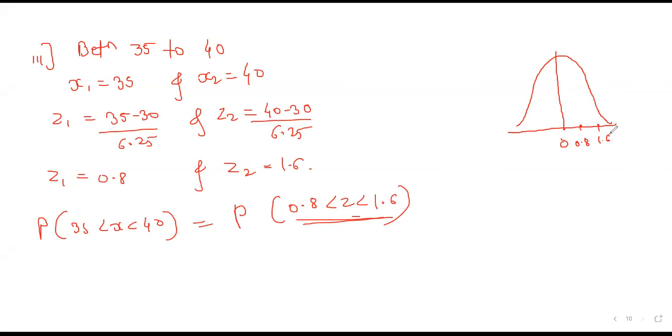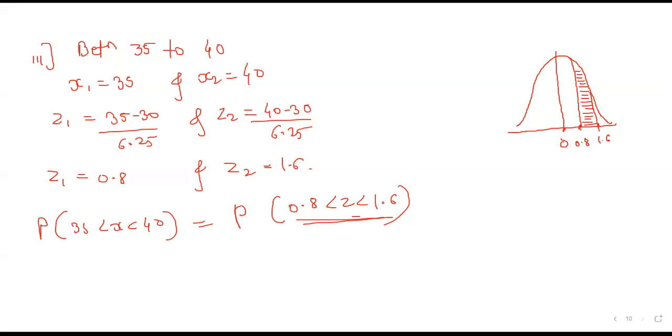So we have to calculate area between, हा एरिया आपल्याला फाइंड करायचा आहे, बरोबर. 1.6 एरिया मधून 0.8 मायनस करावा लागेल. म्हणजे आपल्याला 0.8 टू 1.6 कॅल्क्युलेट करावा लागेल. 0 टू 1.6 किती असणार आहे?